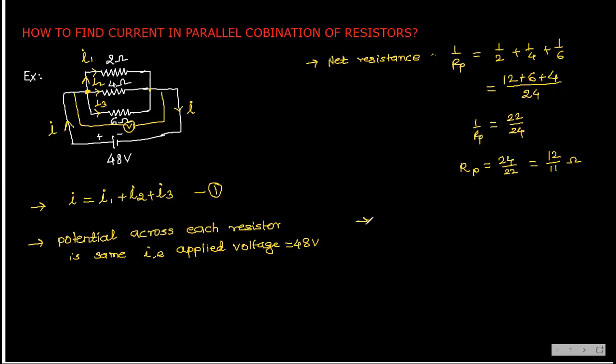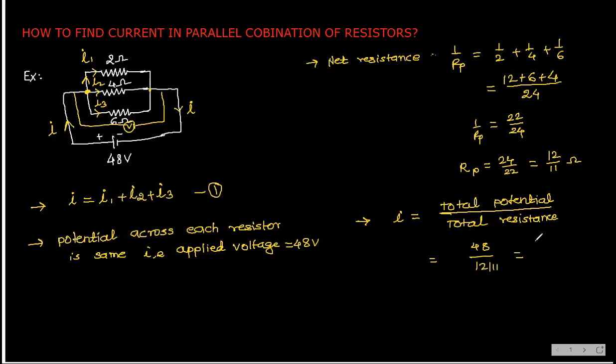Now after this, I want to find current I, and current I we know is total potential divided by total resistance. So here total potential is 48 volt and total resistance is 12 by 11.